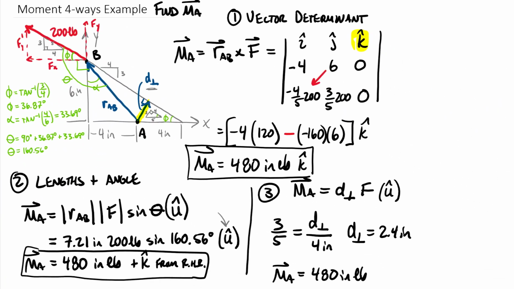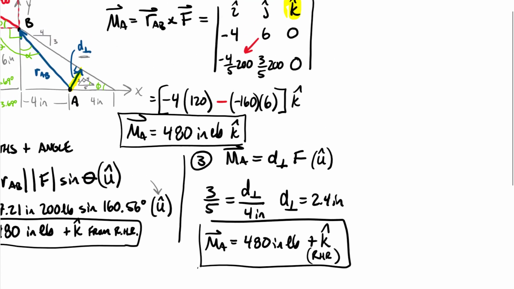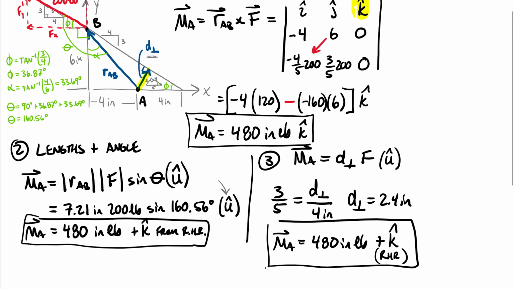And so that gives us a positive K hat, once again from the right-hand rule. All right, so there is technique number 3, also with the same answer: 480 inch-pounds in the positive K hat.